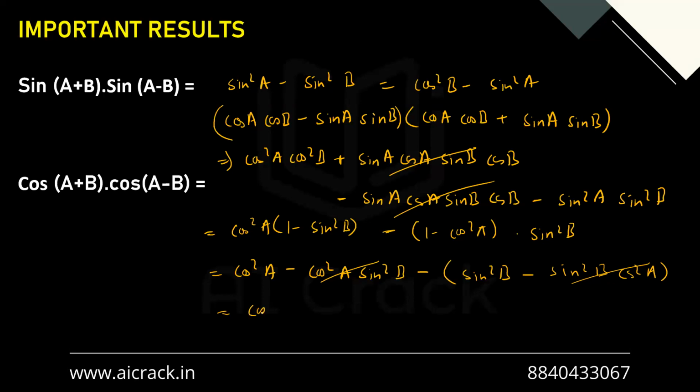Now we are left with cos square A minus sine square B.